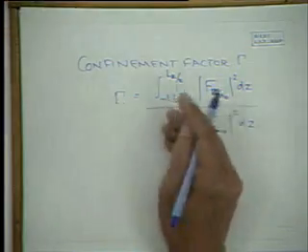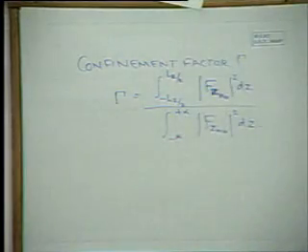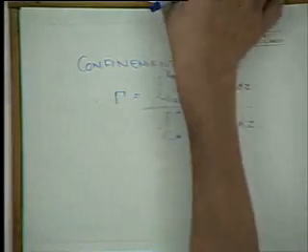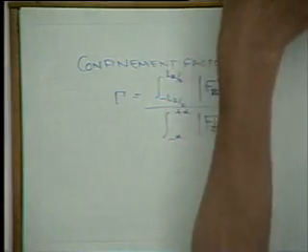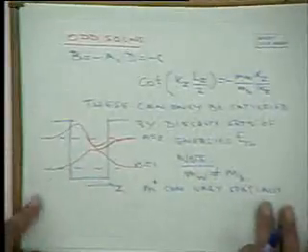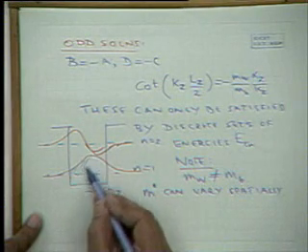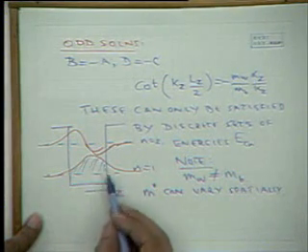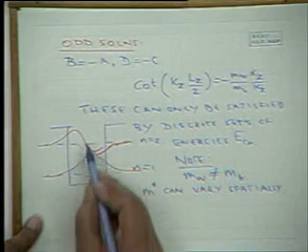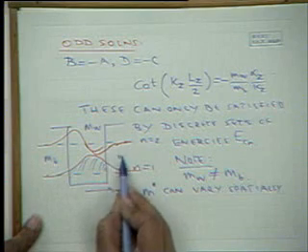So this is a confinement factor, and it is apparent from this figure. Obviously, you can see that this is the part which is in the well, where the effective mass is mw, and this is the part which is outside the well, this is mb.